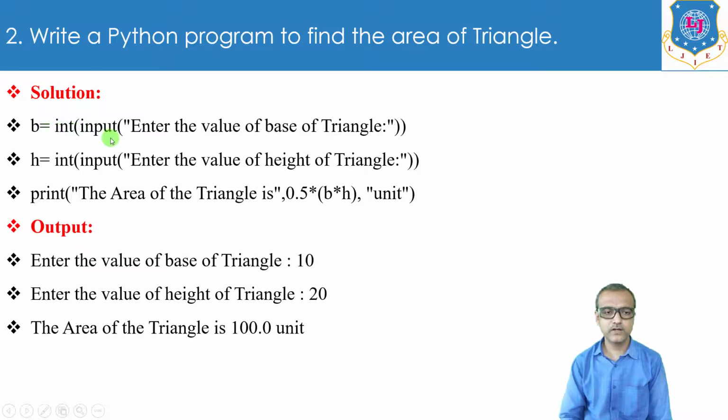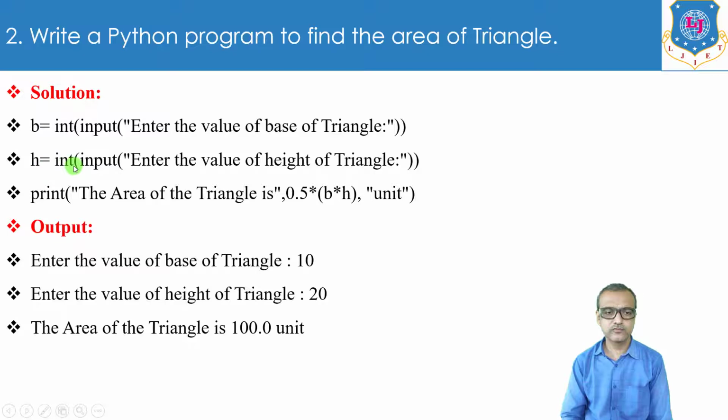b equals int of input, enter the value of base of triangle. With the help of this input method, the user can enter the value of the base of the triangle, and the input method always gives us a string value. So we need to convert the string value into an integer data type. That's why we have written int over here.